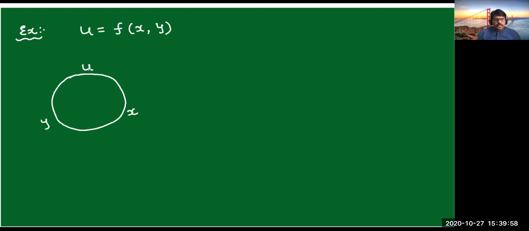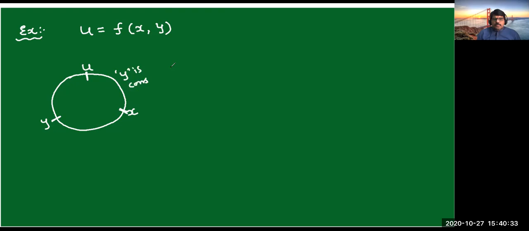So how to apply this cyclic rule? Let us take u to x as step 1, x to y as step 2, y to u as step 3. When you are moving from the first state to the second state, y is constant.